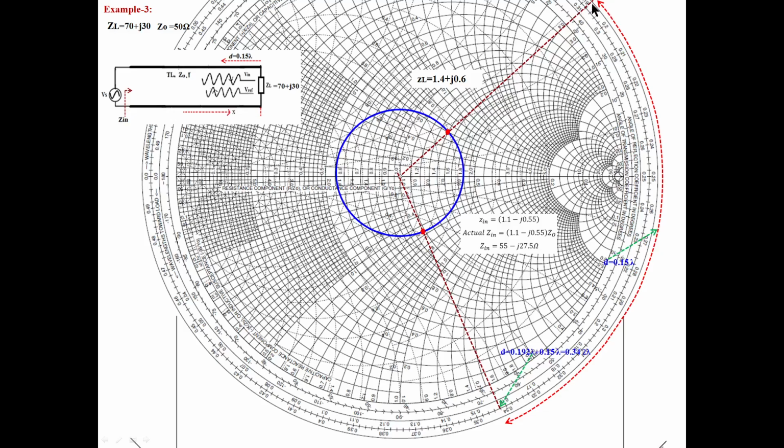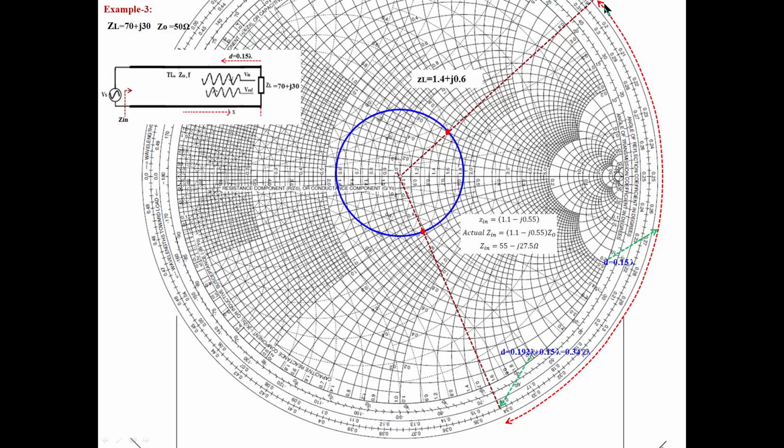So we are at 0.192 lambda at the load point, and to this value you add the 0.15 lambda you have to travel.